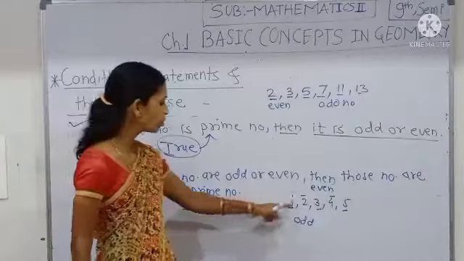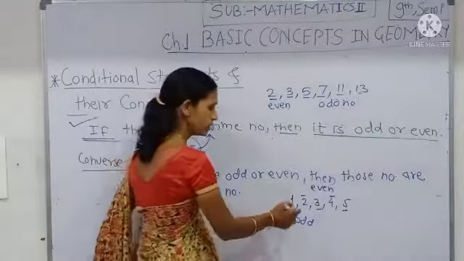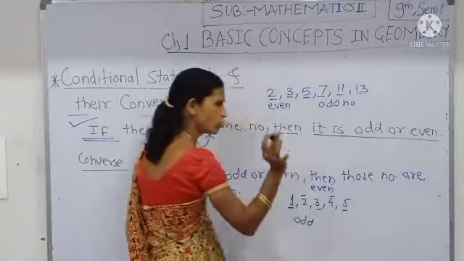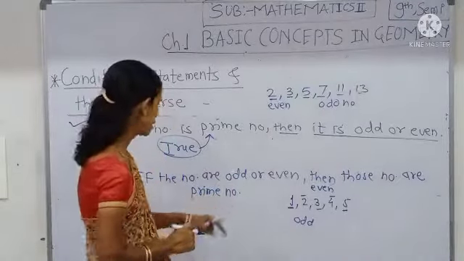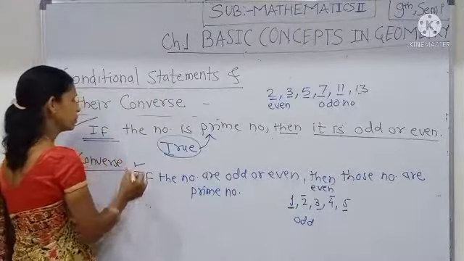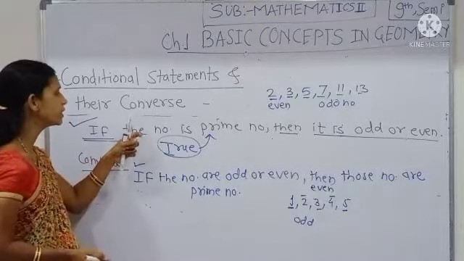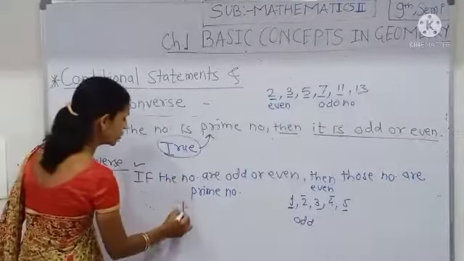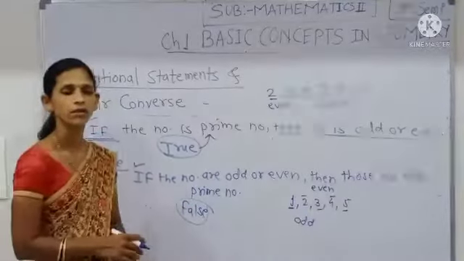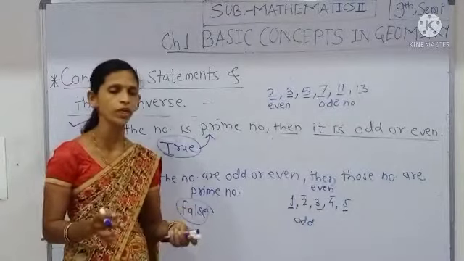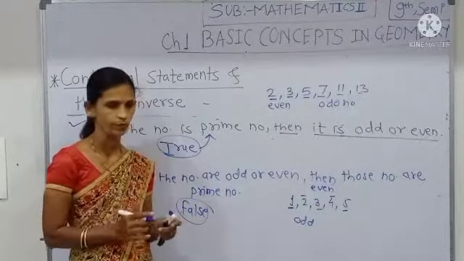If these are odd or even numbers, then those numbers are prime numbers? Not all odd numbers are prime numbers. That means the statement obtained in the converse of the given conditional statement is not true, it is false. That means the converse of every conditional statement is not true.